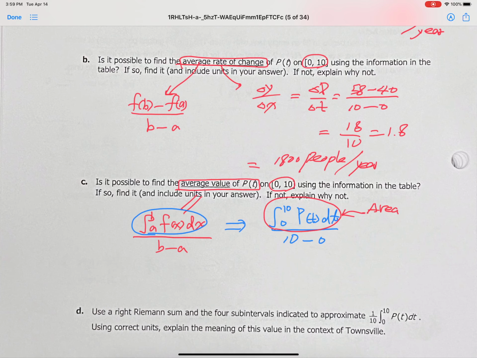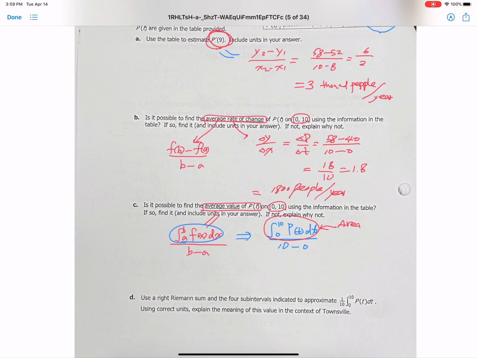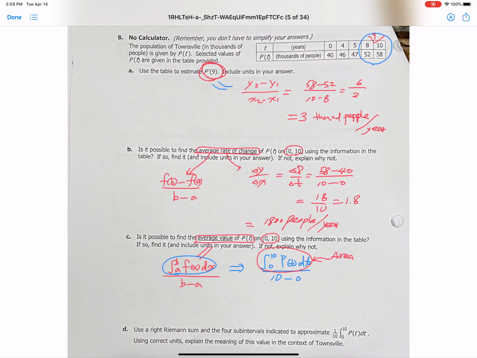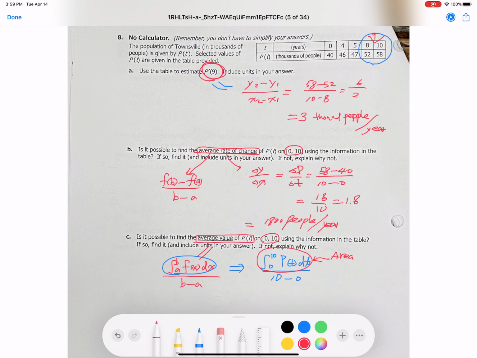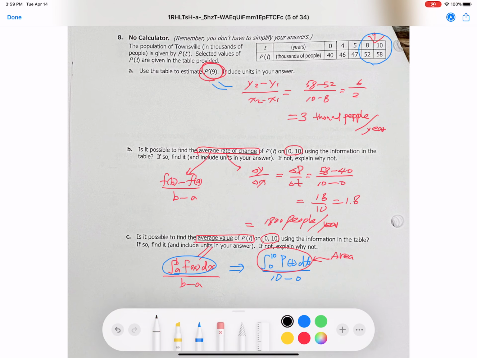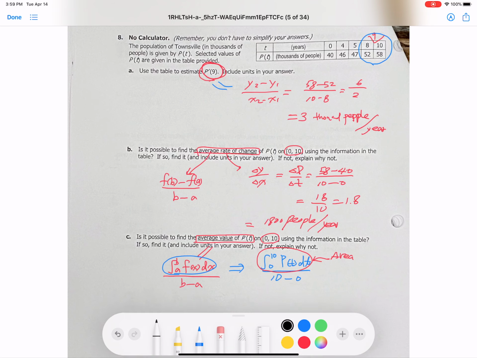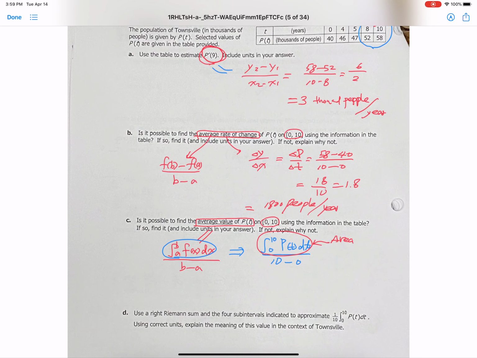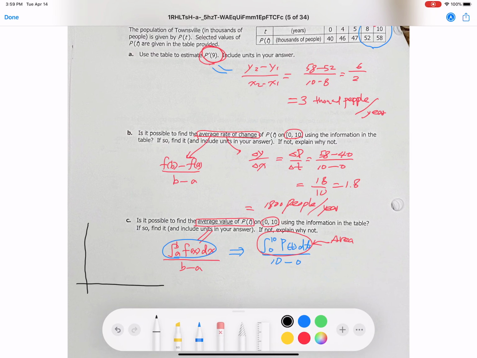Okay? So we need to go back to the table. The table says: 0, 40; 4, 46. So I'm going to draw the points. I'm not drawing the graph, I'm just marking the points first. Here: (0, 40), and then (4, 46).